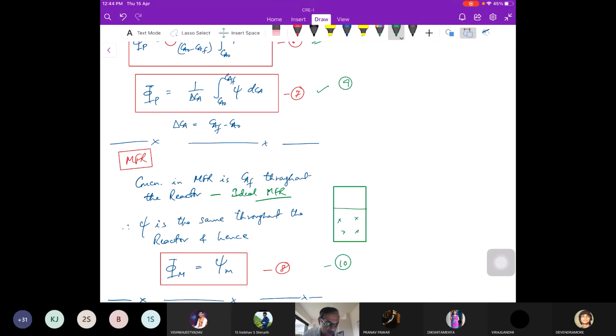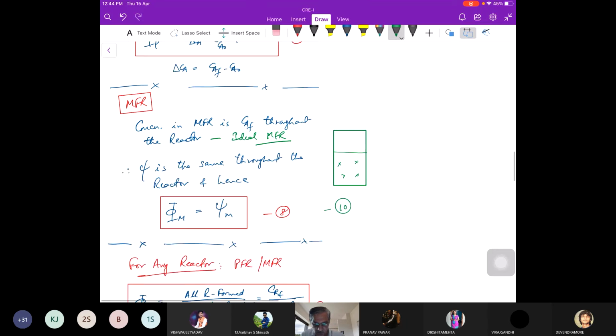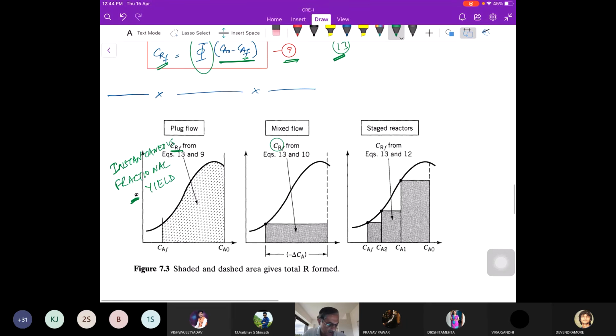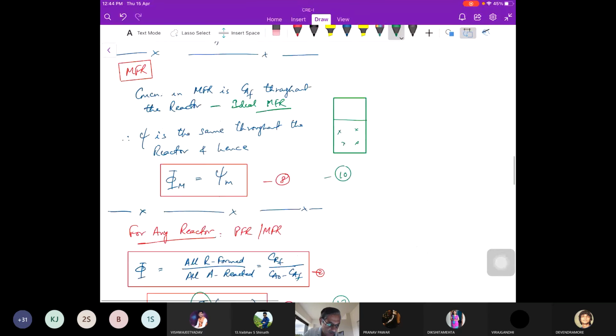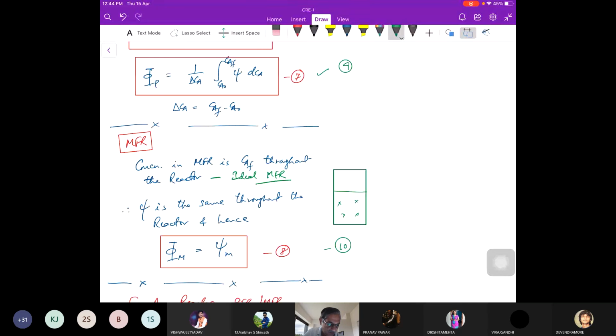Phi P is equal to the integral from CA naught to CF of psi dC, right? So if I am plotting this psi value versus this delta C, psi into dC means you integrate psi between CA naught and CF.